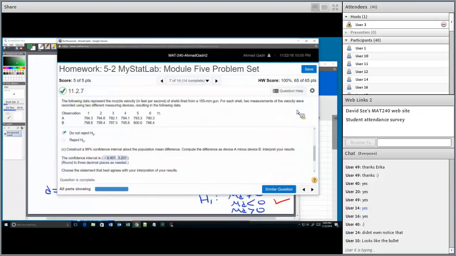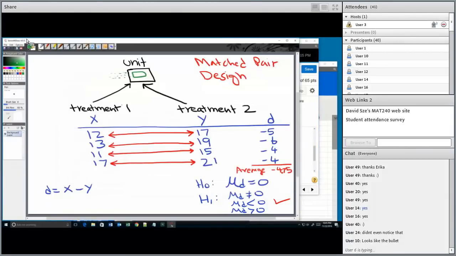We have, for each shell, 2 measurements of velocity were recorded using 2 different measuring devices. So you have 2 different devices, okay? I don't know if you've ever seen this, but what it's doing is measuring.